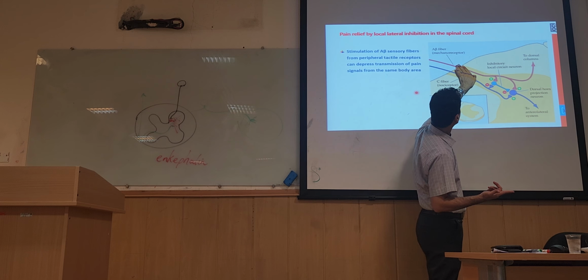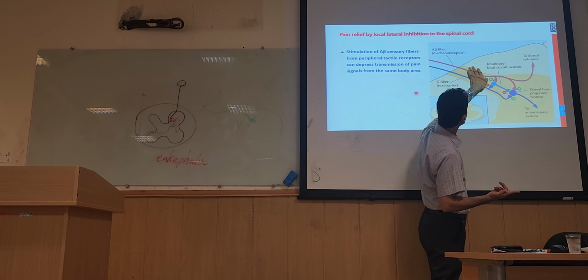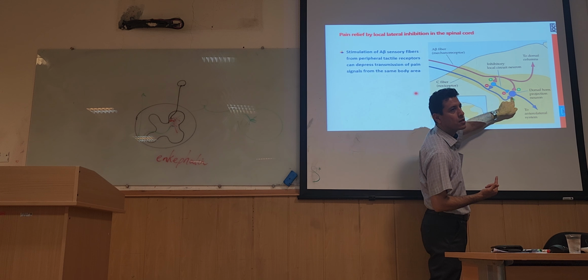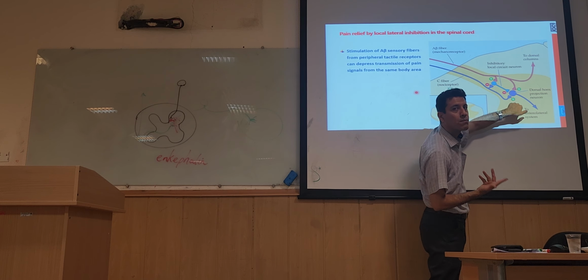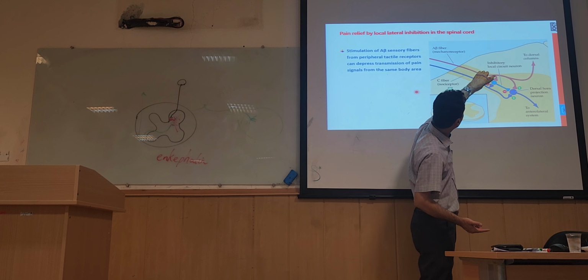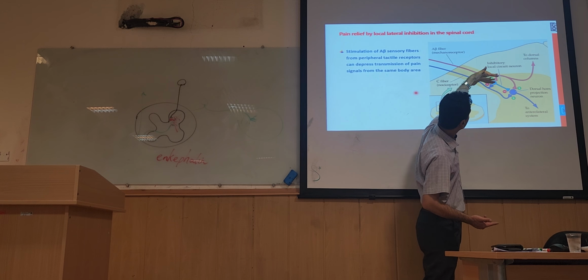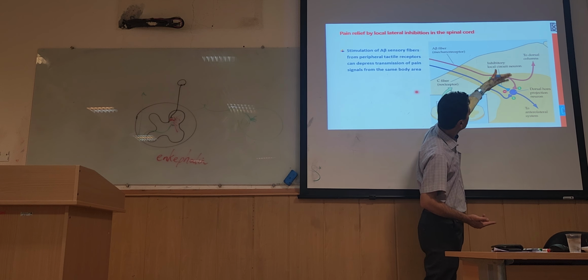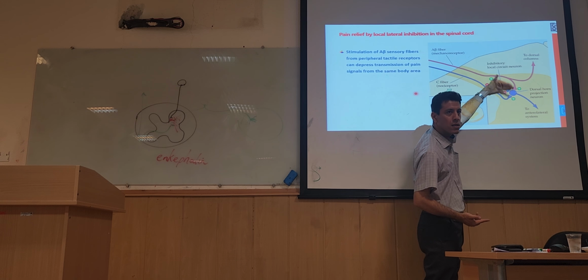So touch, pressure, vibration activate an interneuron. This one inhibits pain neurons. Touch inhibits pain. Vibration inhibits pain. We call this lateral inhibition. This neuron inhibited this one laterally.